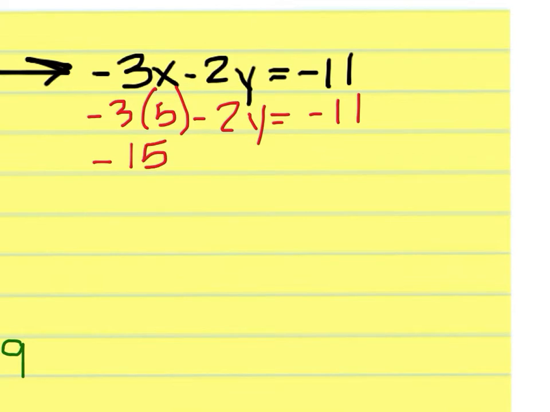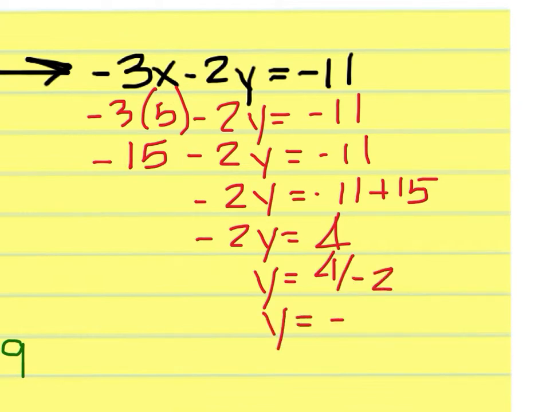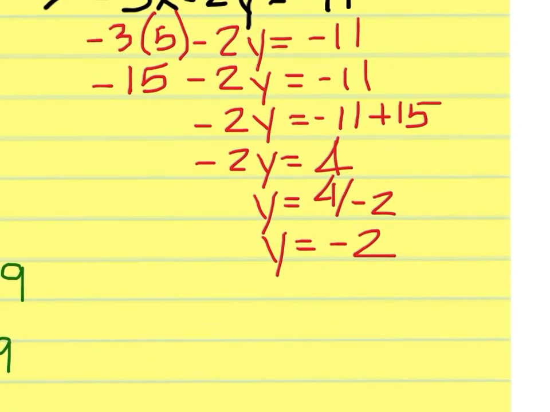That's a negative 15. Minus 2y equals negative 11. Keep the negative 2y on the left and move the minus 15 to the right. Change the sign. Come up with a 4. And then divide 4 by negative 2 to get an answer of negative 2. So we put in a 5 and came back with a negative 2. There's one solution.